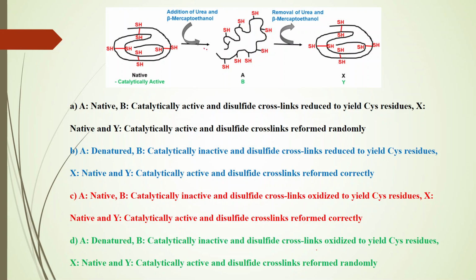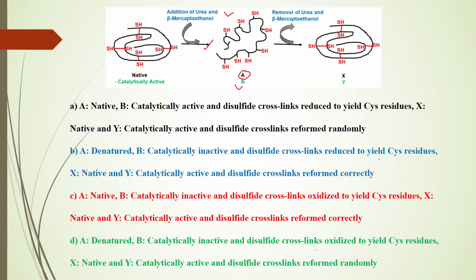So in the second structure where there is written A, you have to identify whether this particular structure is native or denatured. And in case of B, you have to identify whether it is catalytically active or non-active basically.